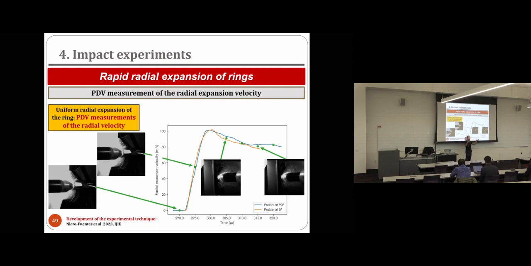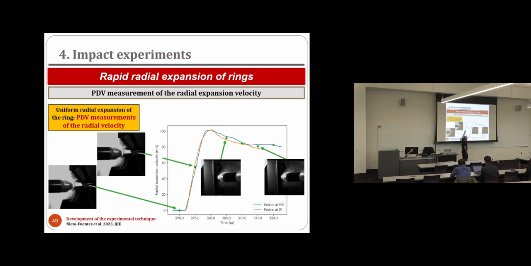In this experiment it was really critical to be sure that the radial expansion is uniform, right? So what we were doing was to instrument the experiments using a PDV system. The PDV allows us to record the radial velocity in different points of the outer circumference of the ring.